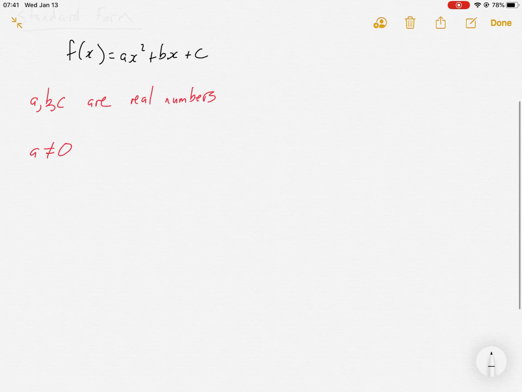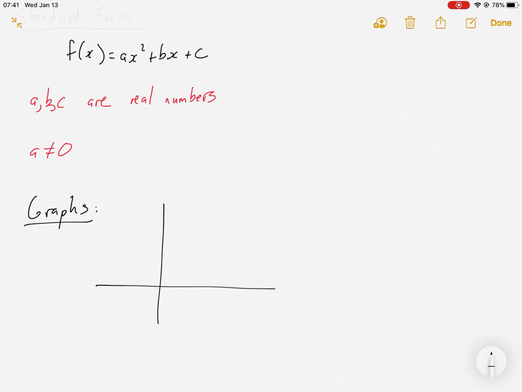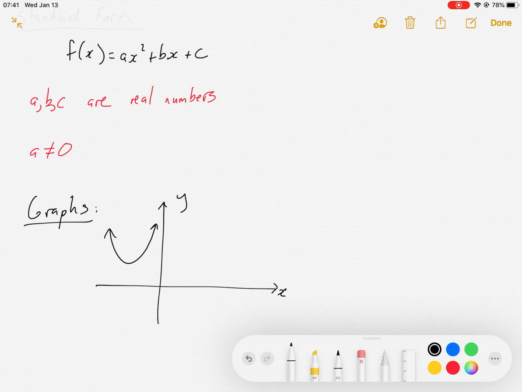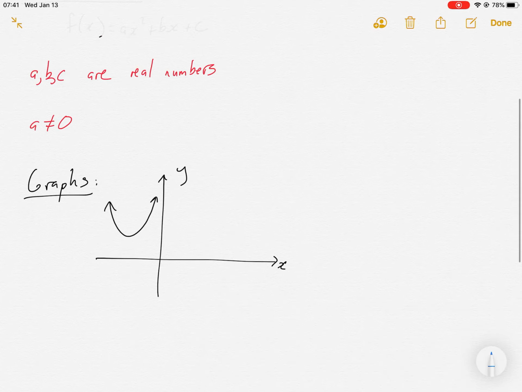Now the graphs of these look something like this. Let's do an xy axis here. So there's a parabola. Alternatively, it could be narrower or wider, and it could be upside down as well.